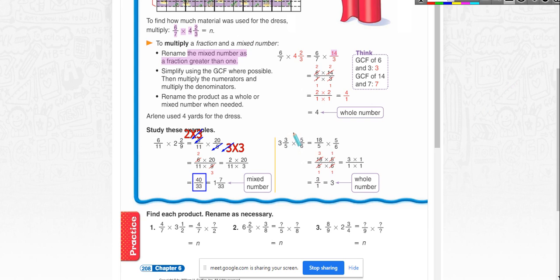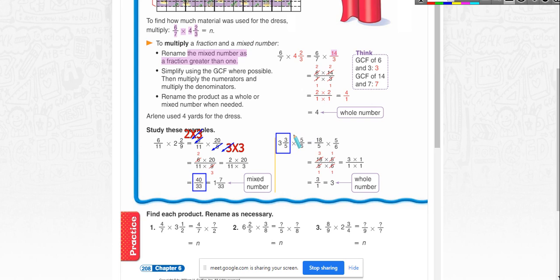The first step is to rename this one as a fraction greater than 1. So we have, yalla, how to do the process? Can you answer, ya Abdullah? Okay, teacher.